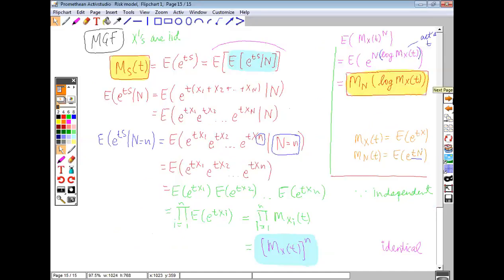After which we saw the MGF, and the very nice thing over here was that we used the fact that our X's are independent and identically distributed. So maybe instead of writing identical, I should write identically distributed, right?